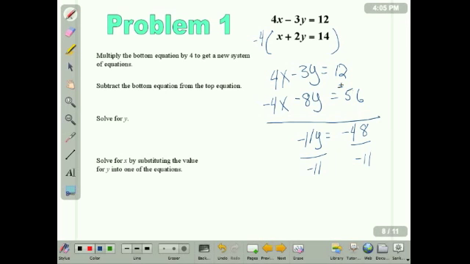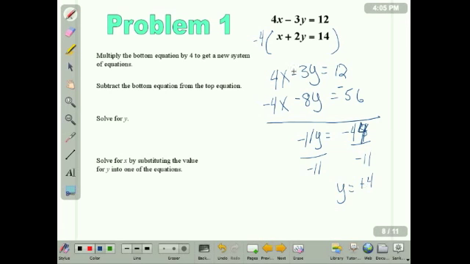I beg your pardon. -56 and 12 combine to give me a -44. Makes it a little bit easier. And when we divide -44 by -11, we get y equal to a +4.